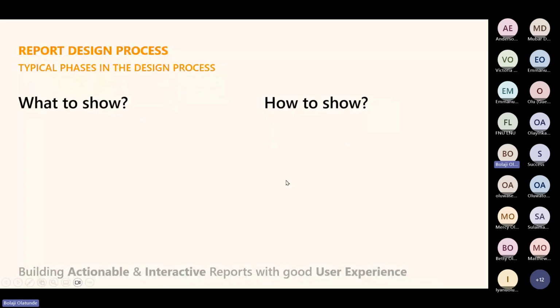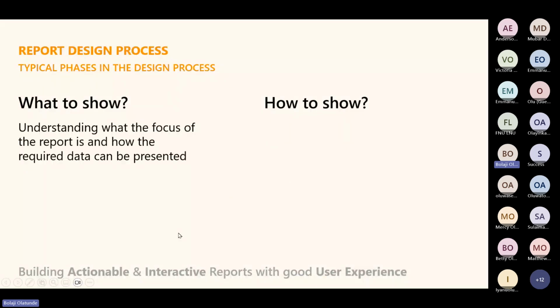The what to show basically is that phase in the design process where you are trying to understand what the focus of the report is and how the required data can be presented, right? So in this phase, someone has reached out to you to say, hey, Muba, I would like you to look at this data set.